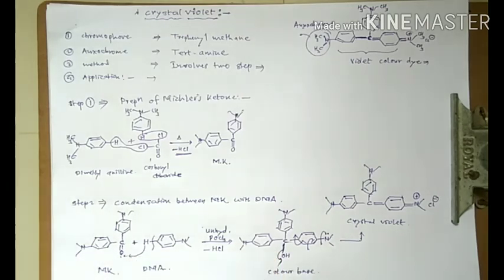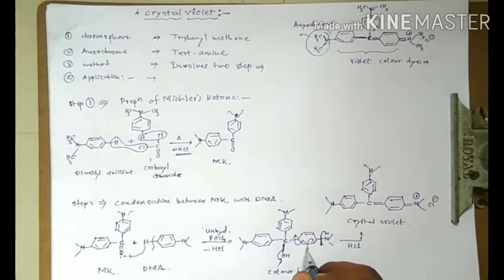So it is a colored base which now undergoes conjugation in presence of HCl acid. And then, because the nitrogen electron plays its role, there is a formation of carbon nitrogen double bond.